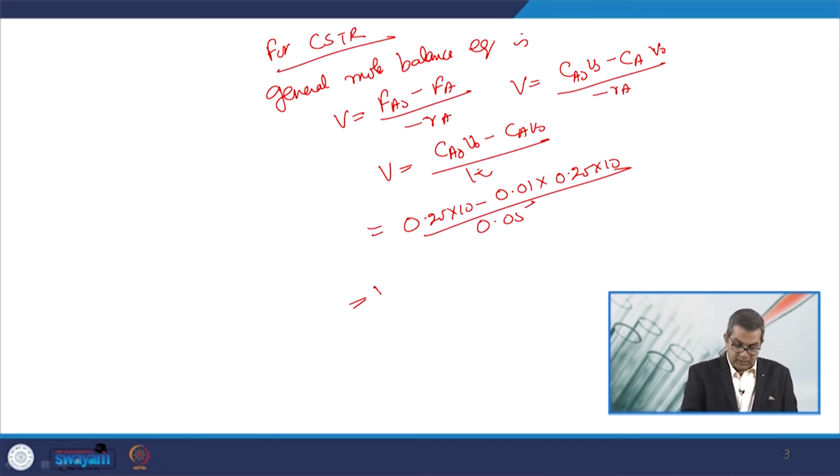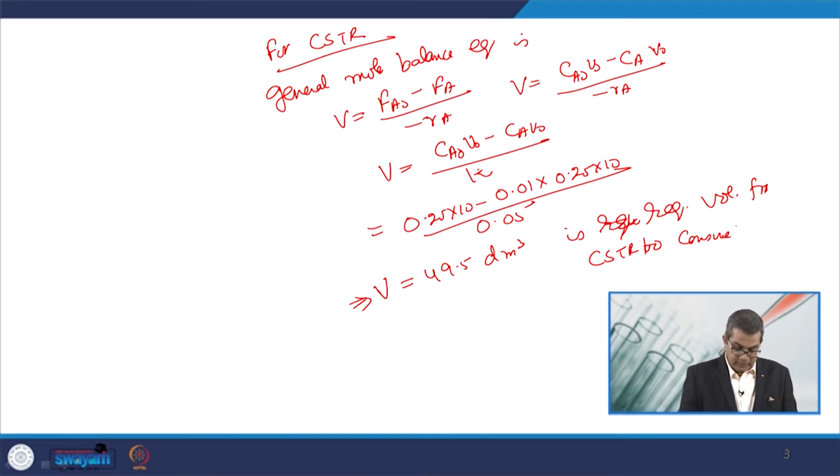So V comes out to be 49.5 decimeter cube. This is the required volume for CSTR to consume 99% of A.